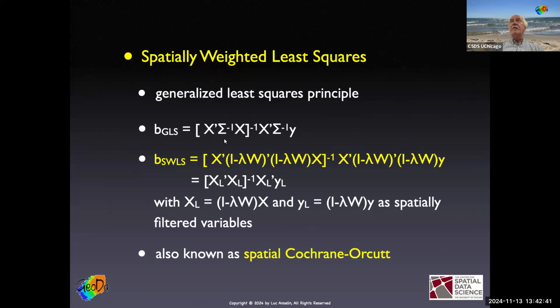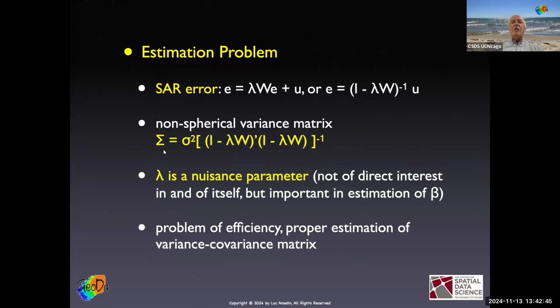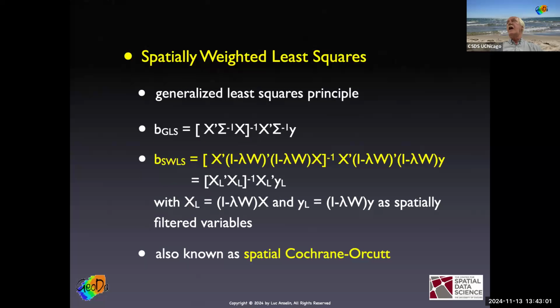That's big, right? Now, luckily, our variance matrix is an inverse. So an inverse of an inverse gets rid of the inverse. So we never have to do an inverse of an n by n matrix. We only have to do an inverse of a k by k matrix, and we know how to do that. That's not a big problem.